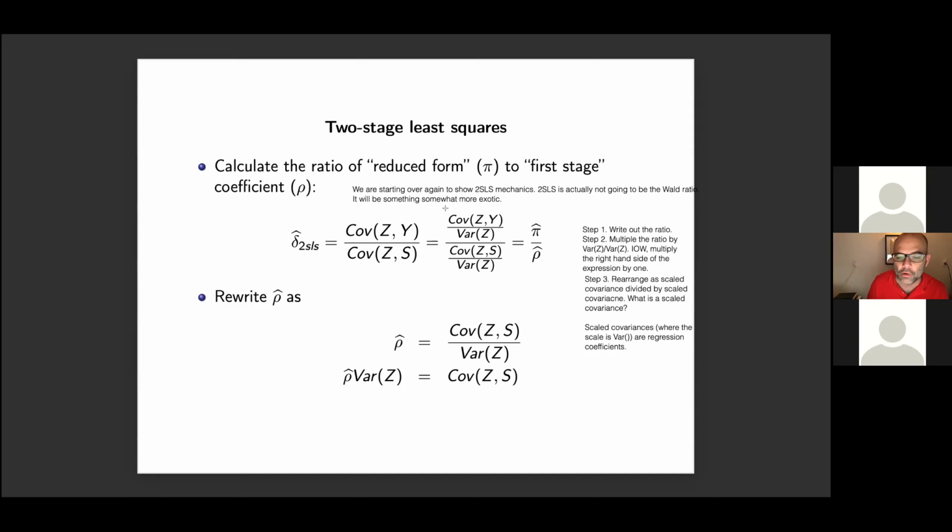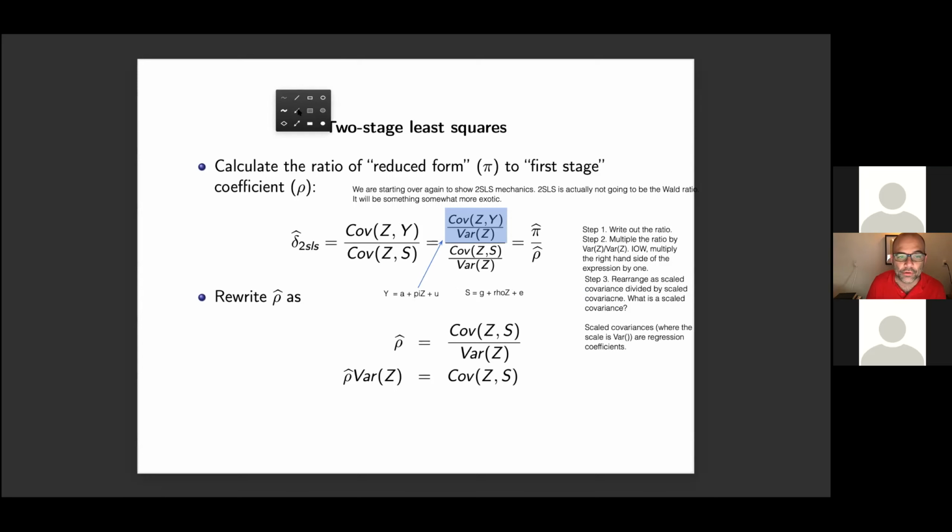This scaled covariance is equal to y equals a plus pi z plus u. And this one is s equals g plus rho z plus e.